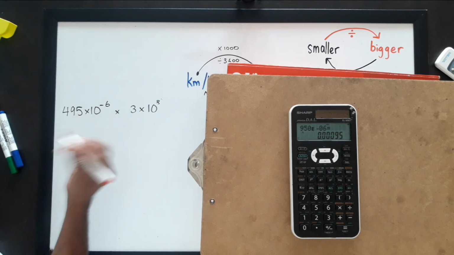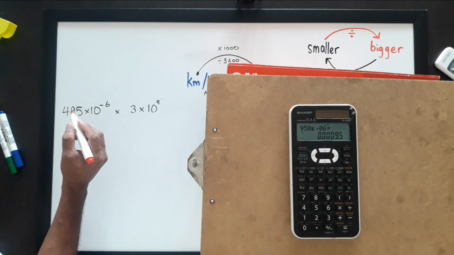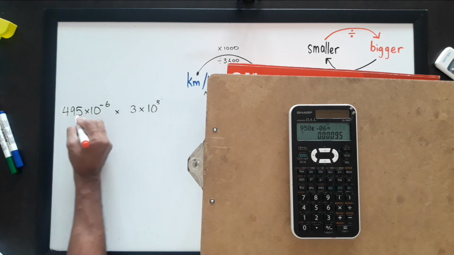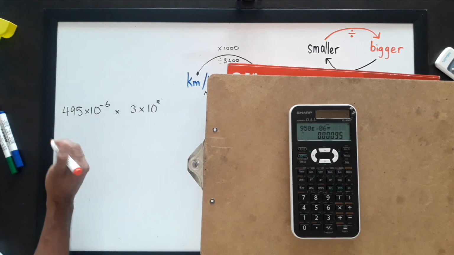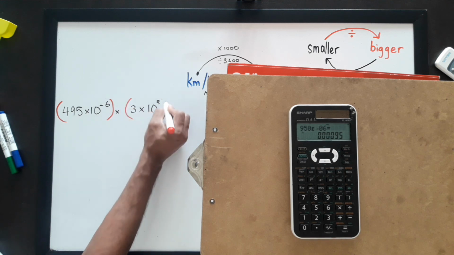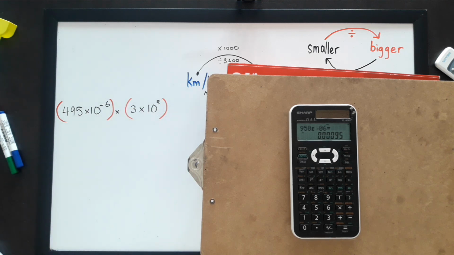Now, to be safe in the exam, actually, let's just type it in. Sometimes, if I have two complicated items and I want to type it in, I will put one of the items in brackets and the other item in brackets to kind of isolate both of them. Let's try it without the brackets and see if we get the same answer as with the brackets.